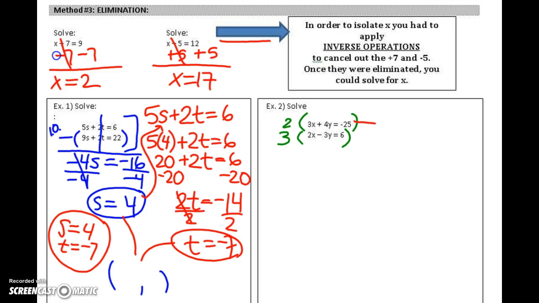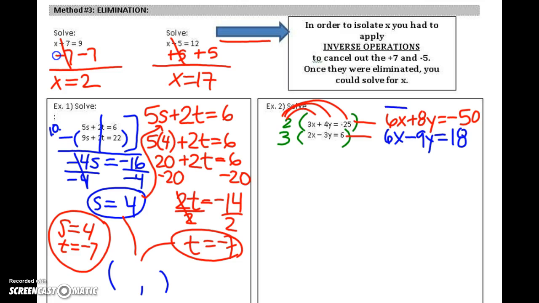When I multiply, I need to make sure I still multiply every single piece of the equation. So I have 6x plus 8y equals negative 50. And I have now 6x minus 9y equals 18.